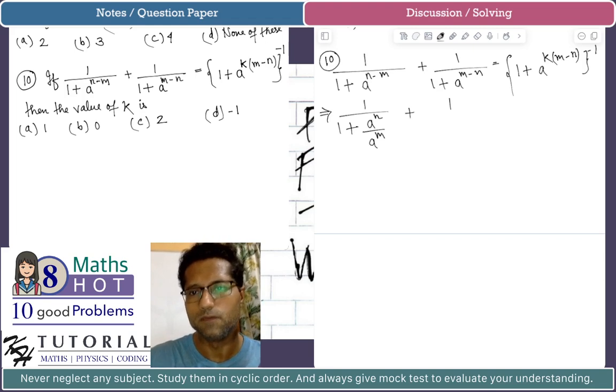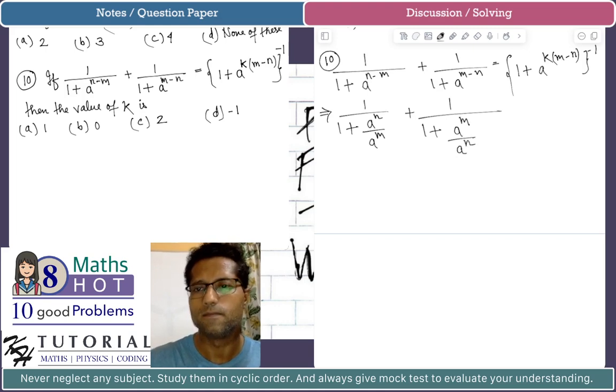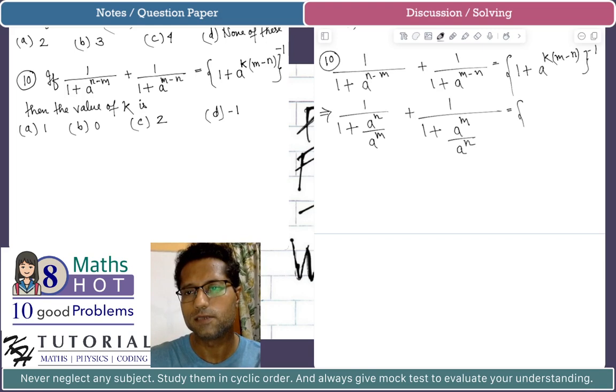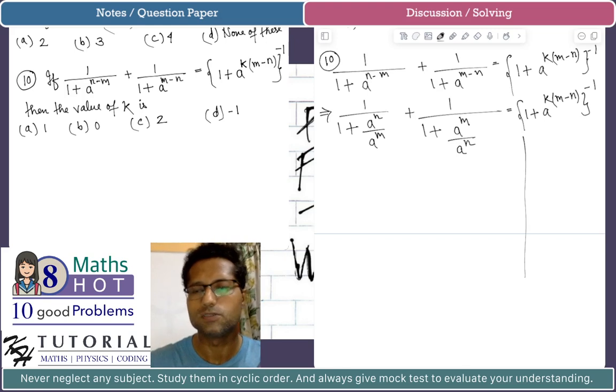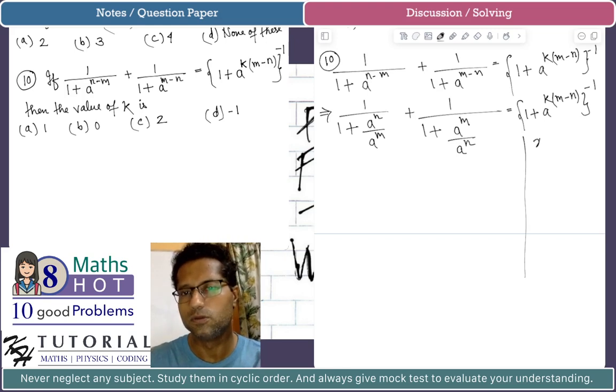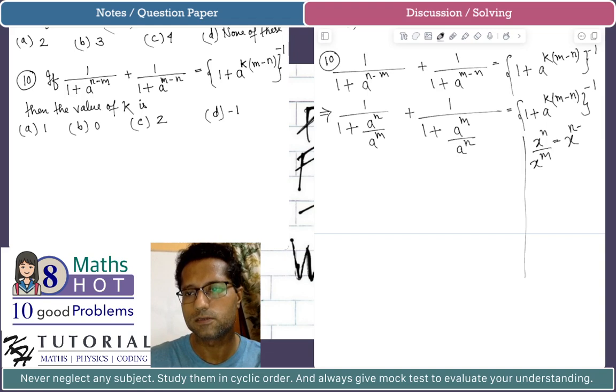Similarly, this will be 1 by 1 plus a to the power m divided by a to the power n, is equal to 1 plus a to the power k into m minus n whole raised to the power minus 1. Now we have applied the concept that x to the power n divided by x to the power m is equal to x to the power n minus m.